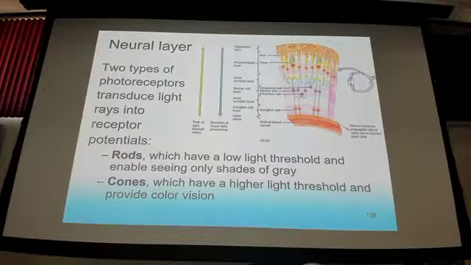So these rods and cones are specialized cells that have photopigments associated with them and have the ability to absorb a photon of light, which is going to be the site of transduction. Like I said, right now we're doing the anatomy. We're going to get to the image and how this actually works. But photoreceptors transduce light into receptor potentials to send a signal to the cerebral cortex of what you're seeing, so you can perceive that. The light is going to be the stimulus.